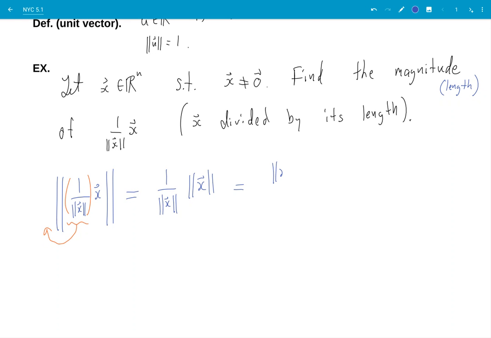So what do you get? Length of x divided by length of x, which is 1.